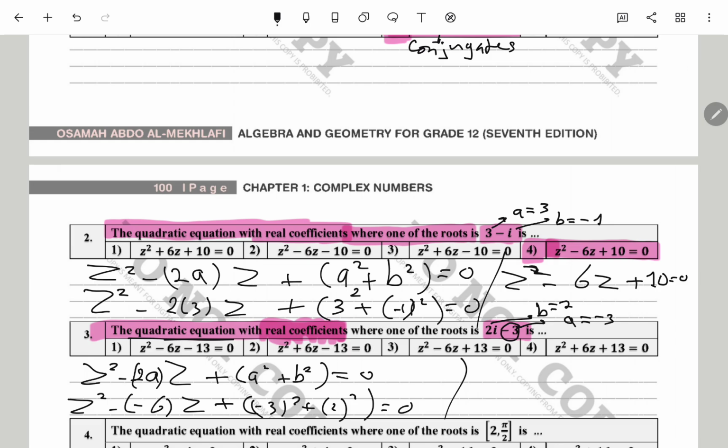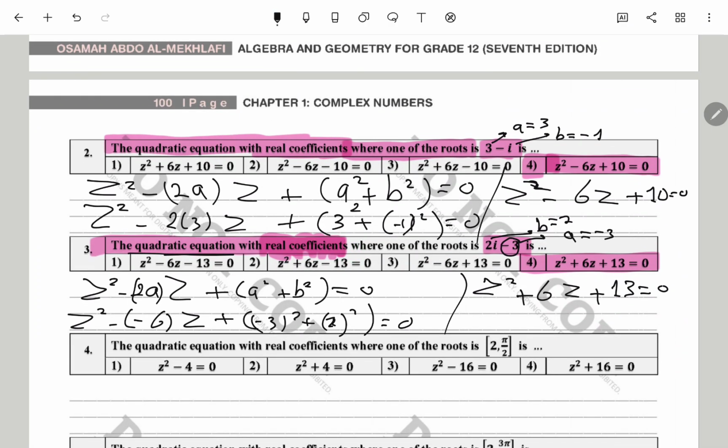Try to simplify your work. You can write z squared plus 6z and then plus 9 plus 4. That will make it 13 equals 0. And your answer is also the fourth, easily. And the fourth is the best alternative.